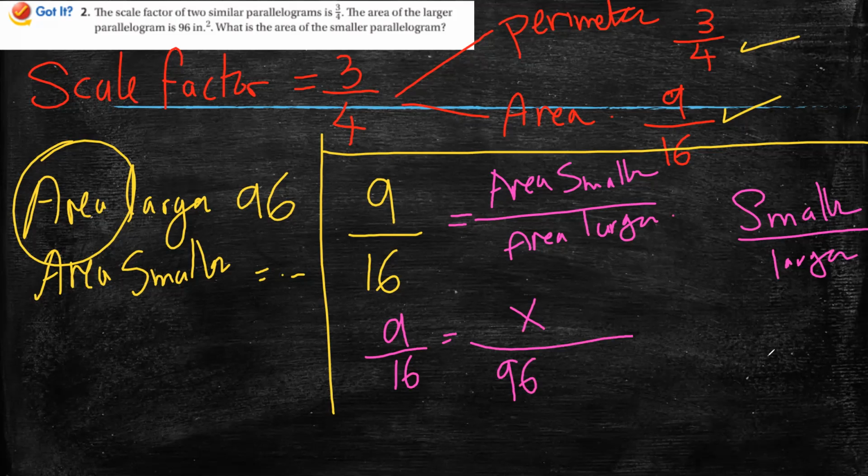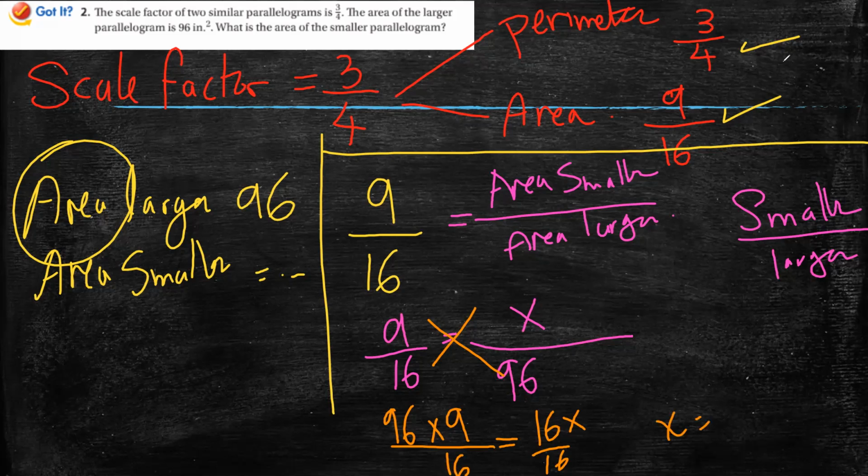Now, after that, I have to find x. By cross product, 96 times 9 equals 16x. Divide by 16, divide by 16.